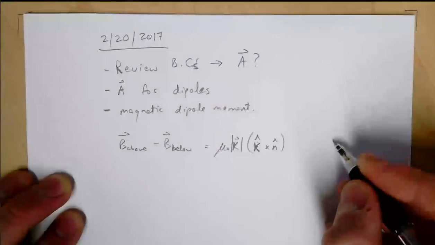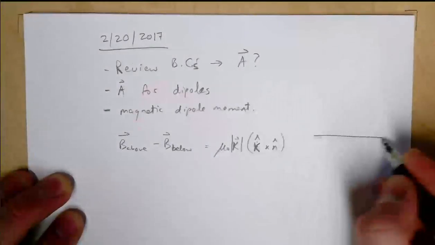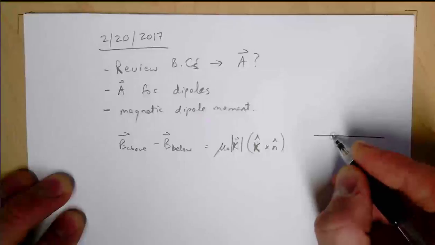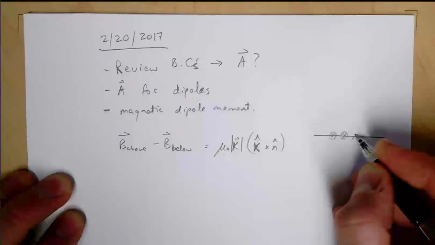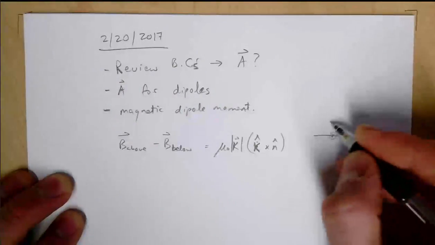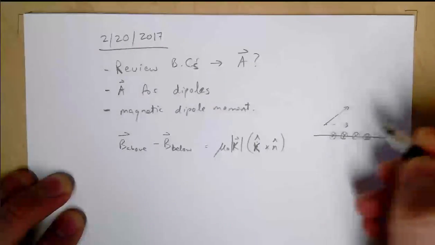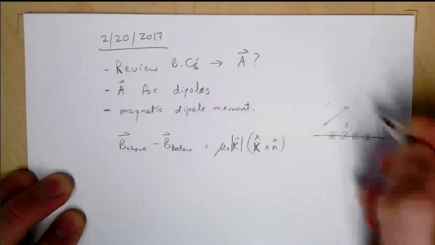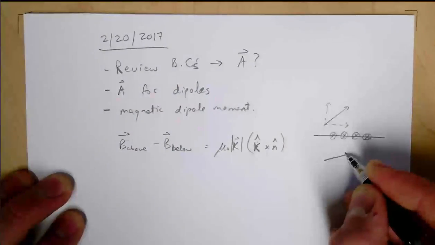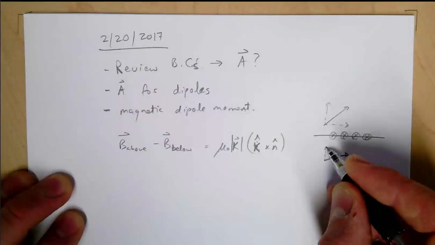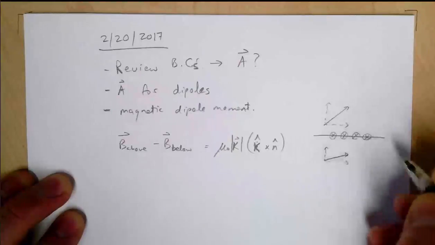What that means is that if I've got my interface here, and let's say I had K going into the page, then we had some B above, which could be broken into a component parallel to the surface and perpendicular to the surface, and some B below, which also had a perpendicular and a parallel component.